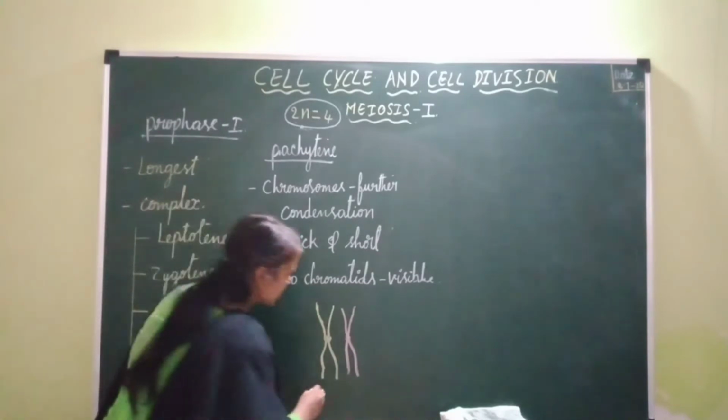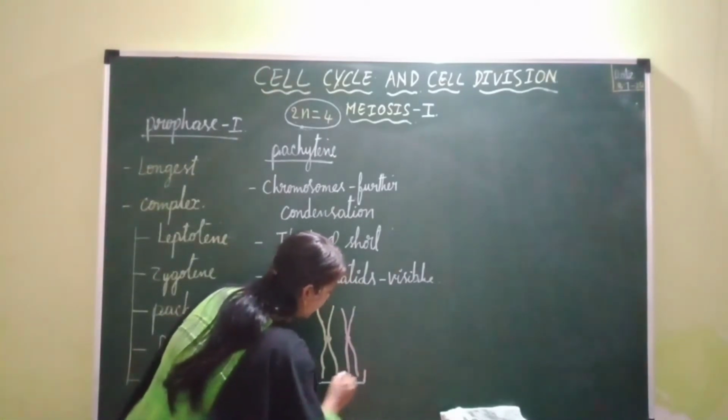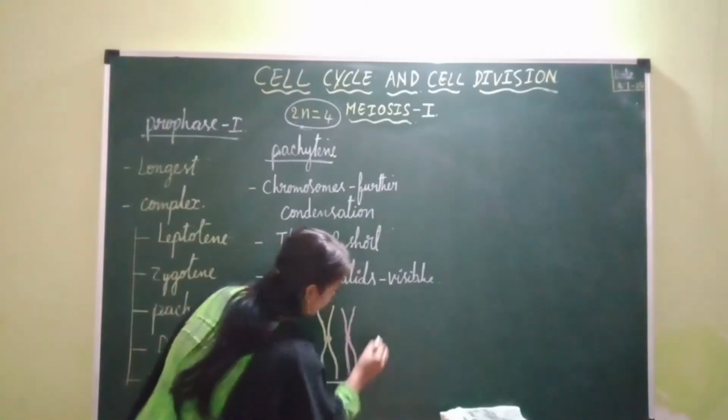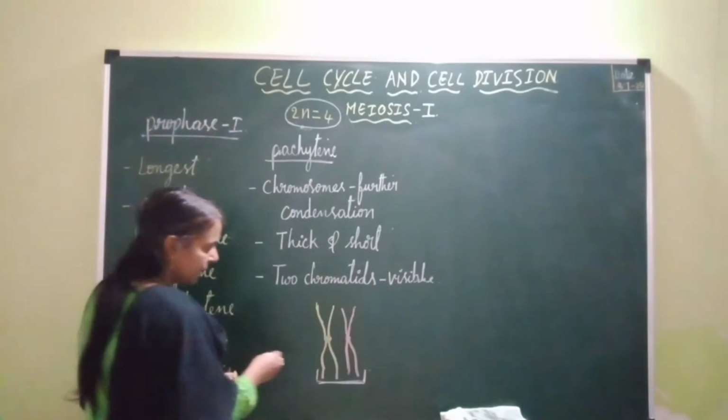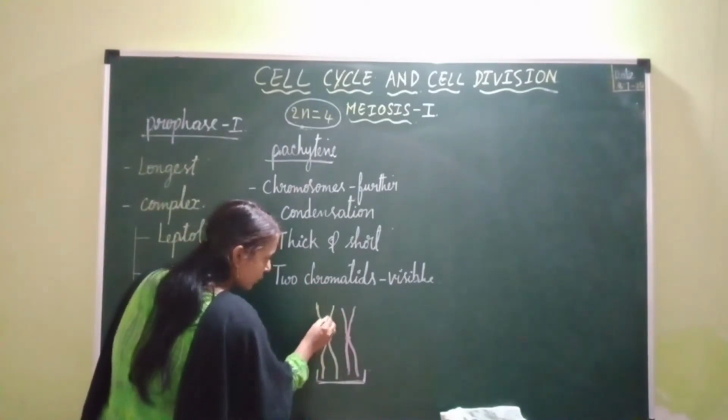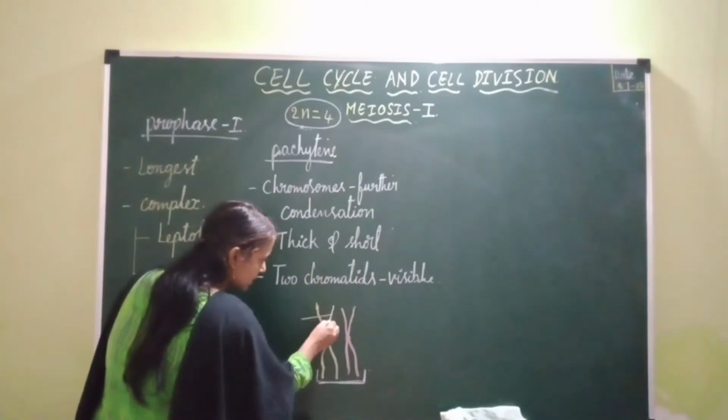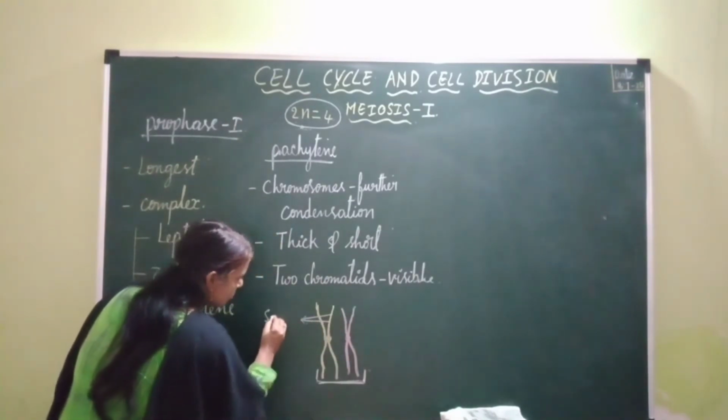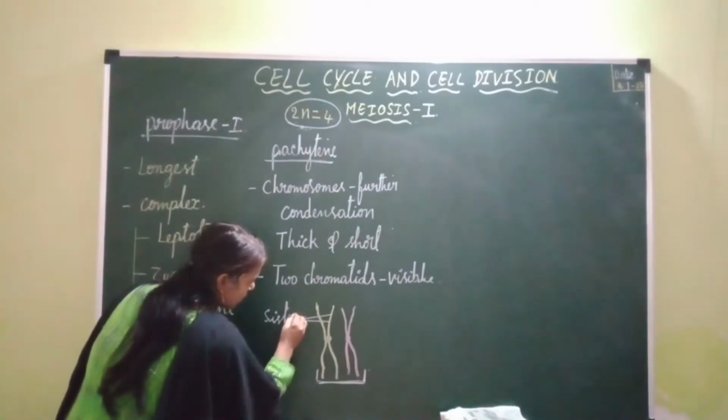Now this is one bivalent or tetrad. Here, these 2 chromatids of a chromosome are called sister chromatids.